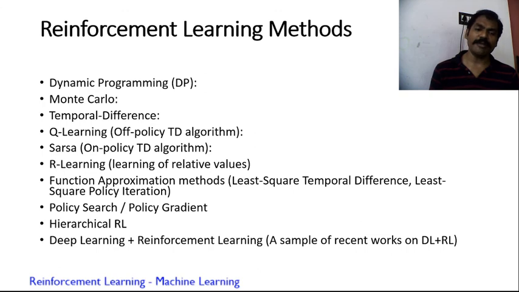Apart from this, there is R-learning, then function approximation methods, which use least squares temporal difference and least squares policy iteration. And apart from this, policy search or policy gradient, hierarchical reinforcement learning, then deep learning plus reinforcement learning. These are different learning methods we can use to solve reinforcement learning problems.